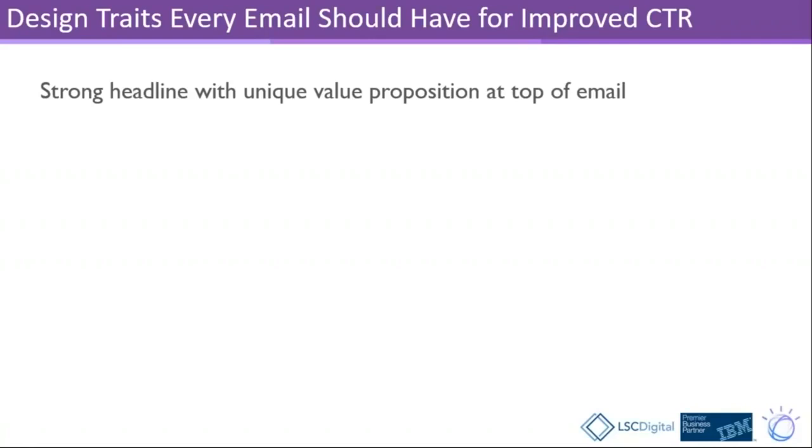Okay, think about that for a second. So it's so important to have a strong headline with a unique value proposition right at the top of that email. Don't make people think, don't make them work at wondering why they should care about this email. So having a strong headline with a unique value proposition at the top of the email is so important.